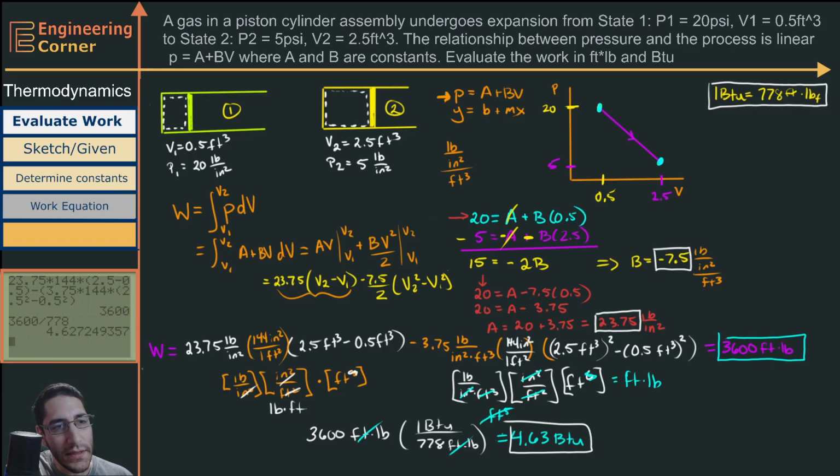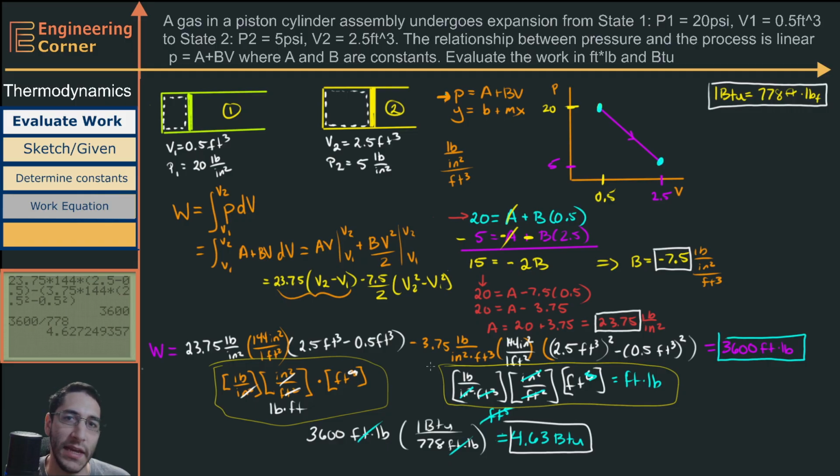And then always be careful with the units. Like I took an extra little bit right here just to make sure my units were good. It looks a little bit like chicken scratch, but I just wanted to be sure I didn't make a mistake with any of my conversion factors. And I would encourage you to do the same, especially when you're starting out in a class like thermodynamics.